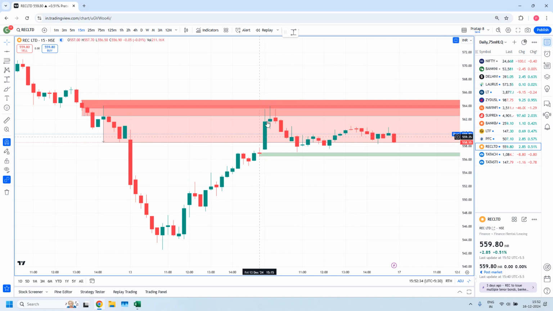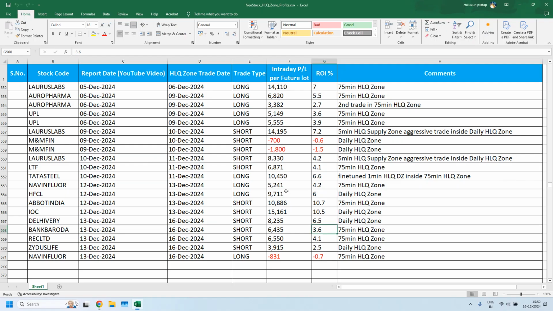So the lesson 22 concept, see how well it works. And REC Limited has given 6,550 rupees profit, which is a 4.1% ROI as per one futures margin cost.